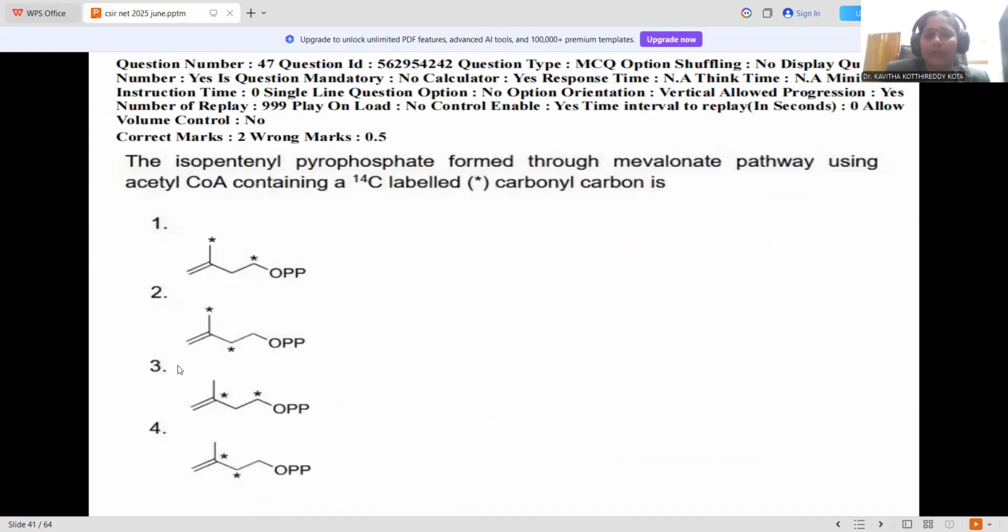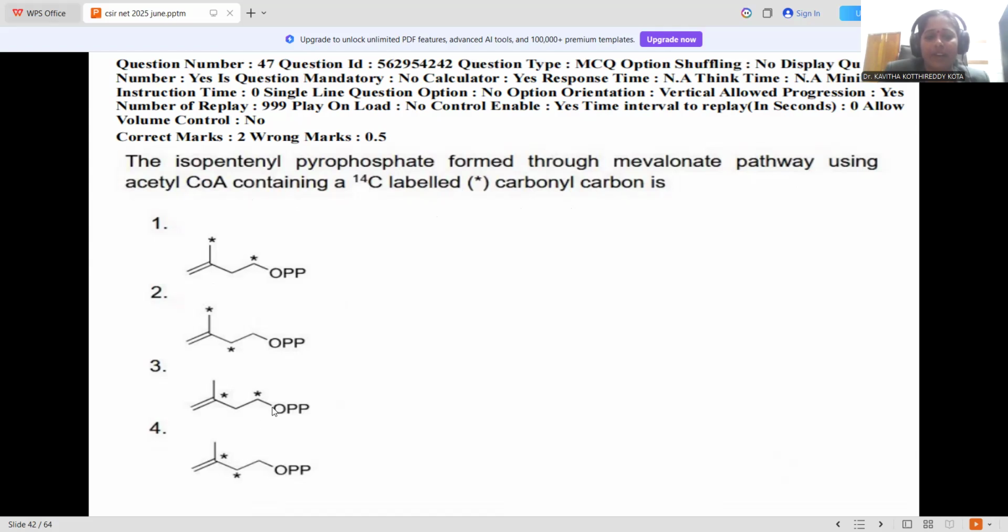Let me go with question number 47. The isopentenyl pyrophosphate formed through the mevalonate pathway using acetyl coenzyme A containing C14 labeled carbonyl carbon is. Right, so isopentenyl pyrophosphate is formed through the mevalonic acid pathway. If you know the natural product synthesis, then only is it possible to identify where the C14 labeled carbon atoms are located.